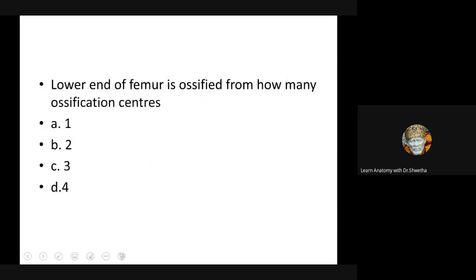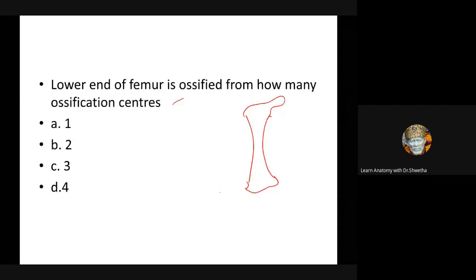The lower end of femur is ossified from how many ossification centers? How many ossification centers, students? Two ossification centers, I will explain.